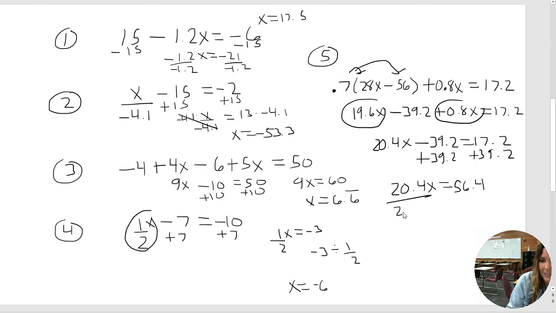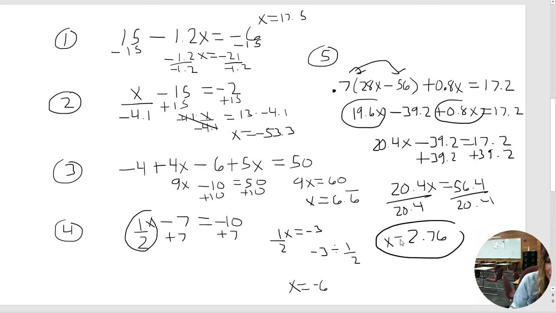And then the last step is to divide by 20.4. So 56.4 divided by 20.4 ends up giving you a decimal that doesn't repeat and doesn't end. So if you round to the 100th spot, you will get x equals 2.76, final answer.